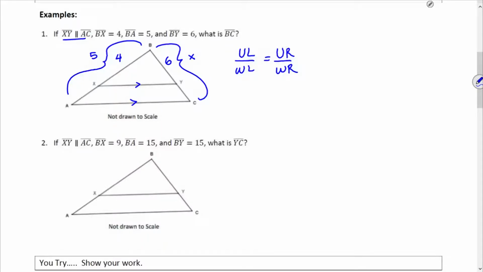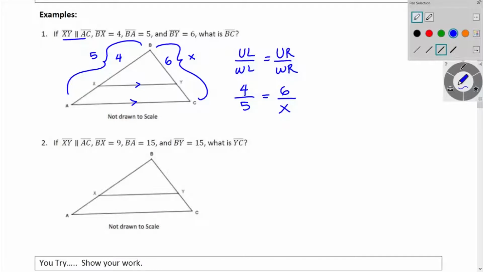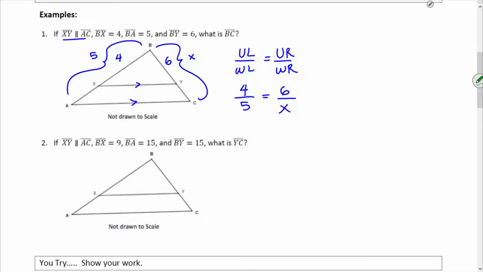Plugging things in, the ratio of 4 to 5, this upper left to the whole left, is equal to the upper right 6 divided by the whole right x. Once we have a proportion, most students are comfortable solving it, and the most common method I've seen is cross multiplying. 4 times x is 4x. 5 times 6 is 30, and I keep my equal sign.